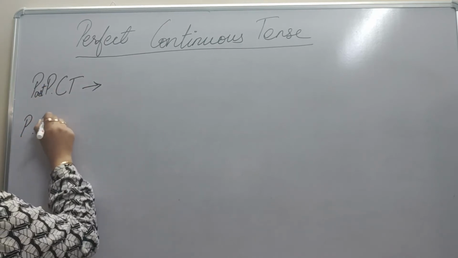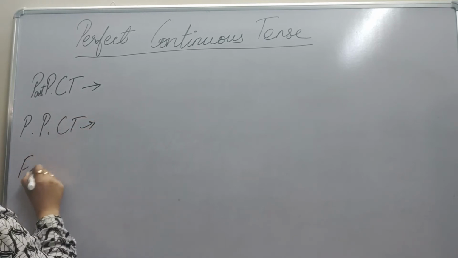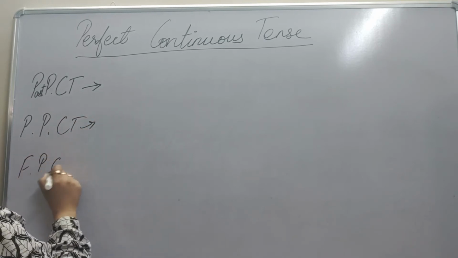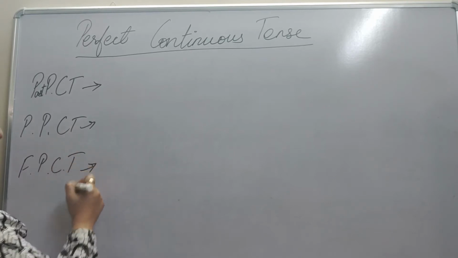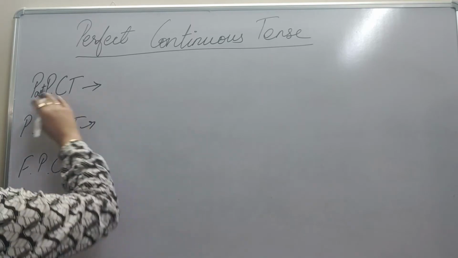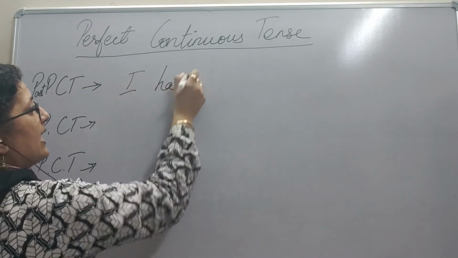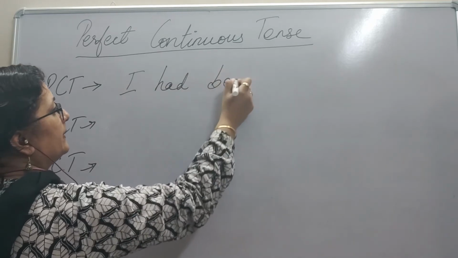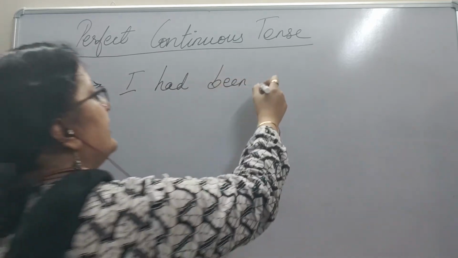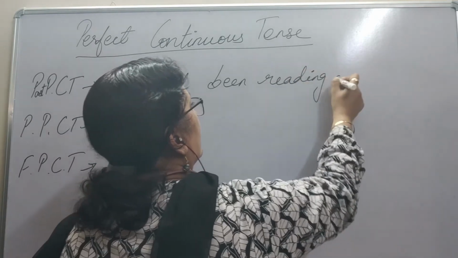Then we'll have present perfect continuous tense, and lastly but not least, future perfect continuous tense. The sentence that I will pick up here is in the past form. I had been reading a book.